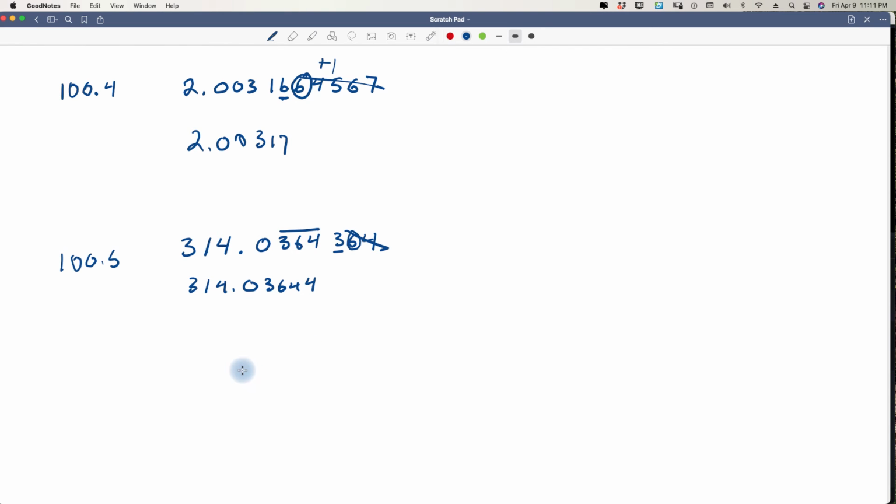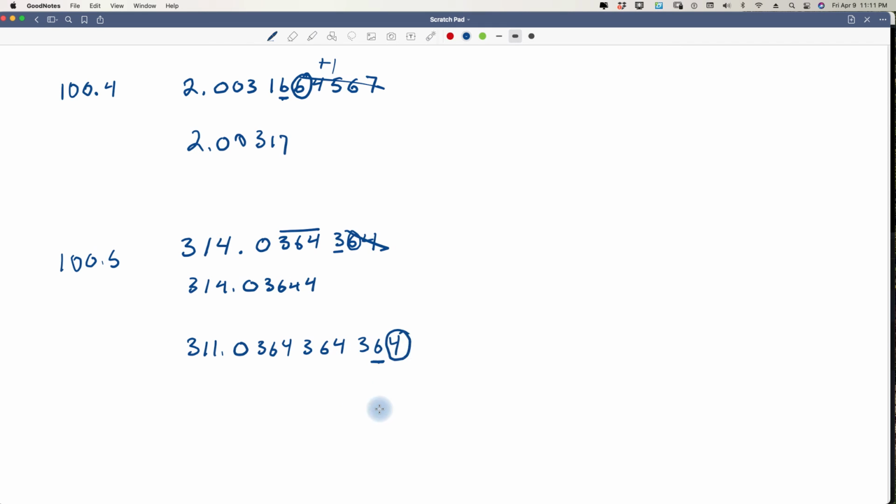All right. Now we want to do it to 9 decimal places. So 314. So let's put a couple more sets out here. 364, 364. All right, let's find the 9th decimal place. 1, 2, 3, 4, 5, 6, 7, 8, 9. That's the 9th.